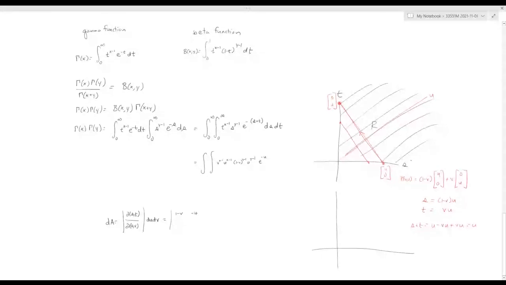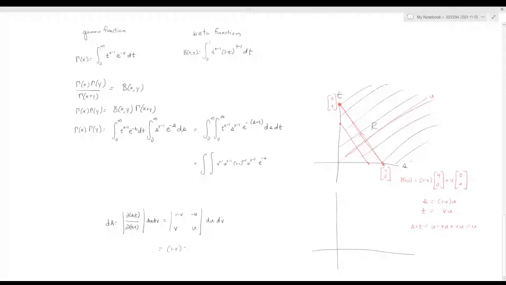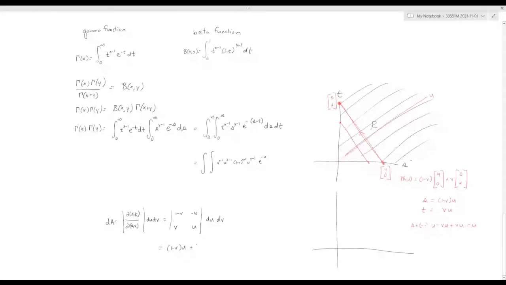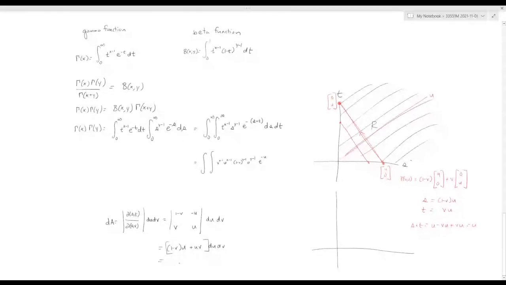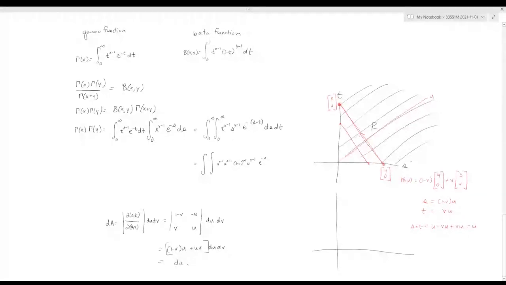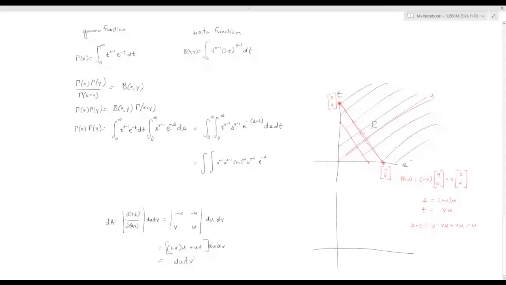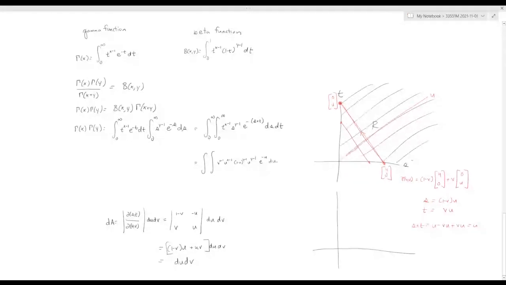Derivative of t with respect to u and v. So this is 1 minus v times u minus negative uv. So this all just becomes u, after a cancellation, uv minus uv. So let's just do u dv.